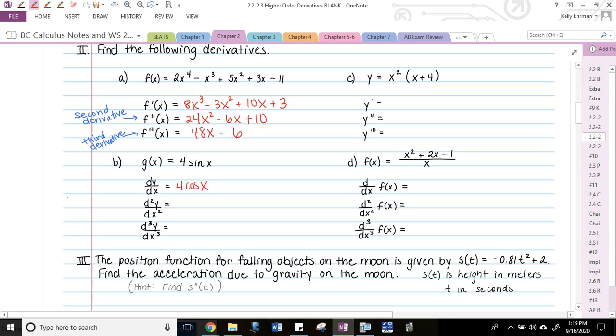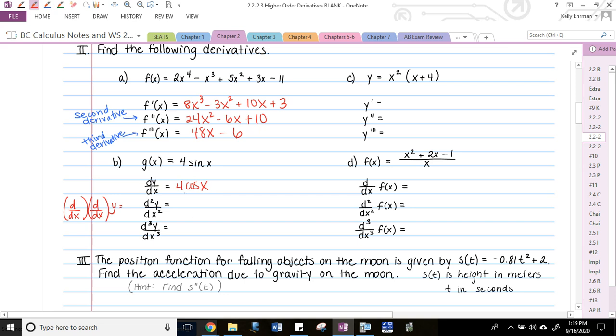Why is it like that? Because technically it's d dx with respect to y times d dx. Those are both with respect to y. So technically d squared y dx squared with the y in there.